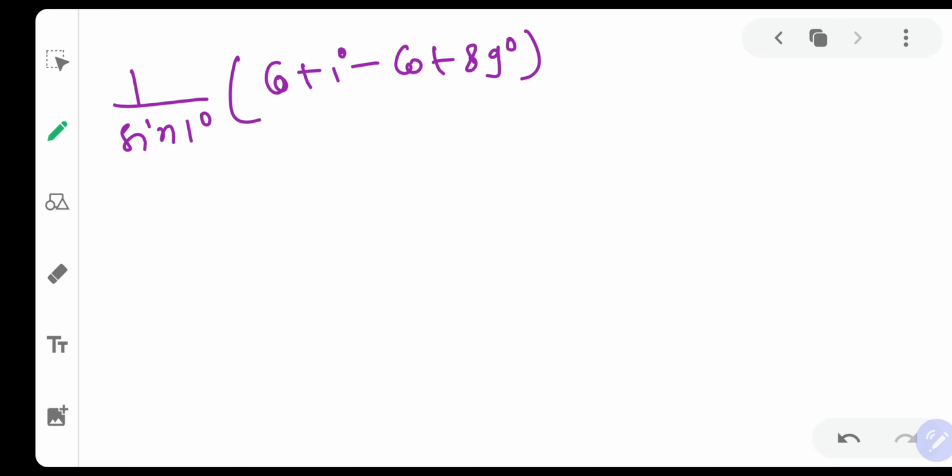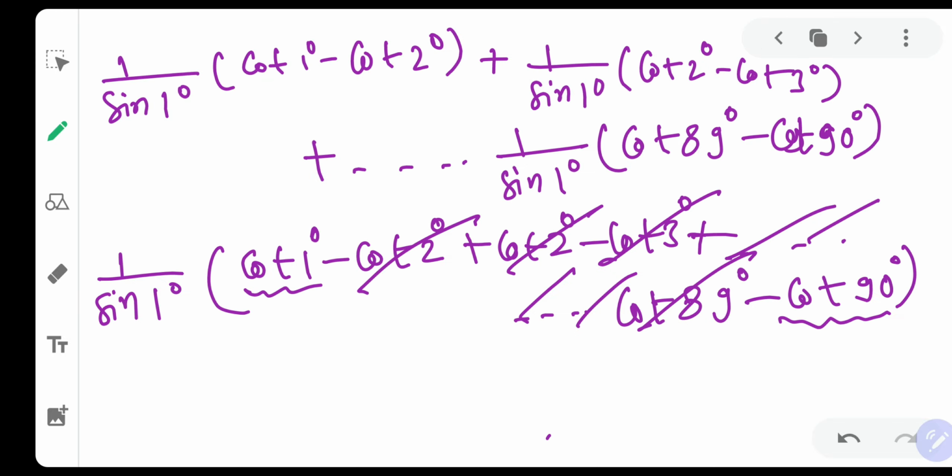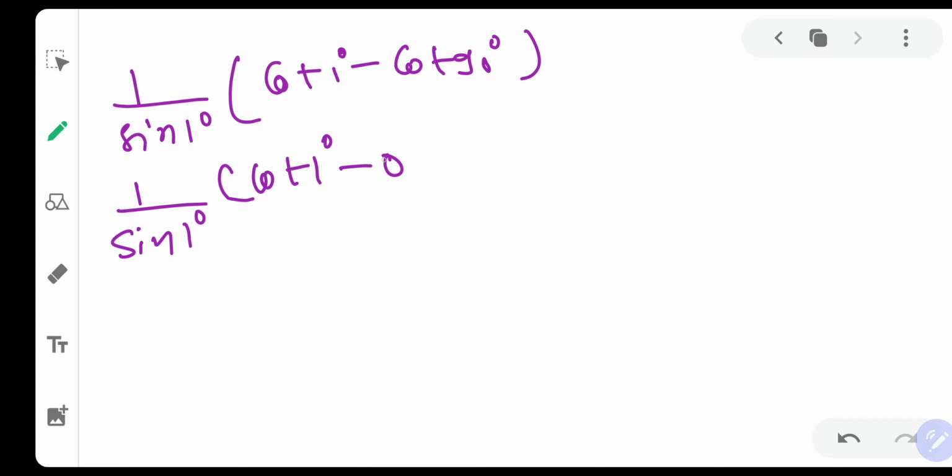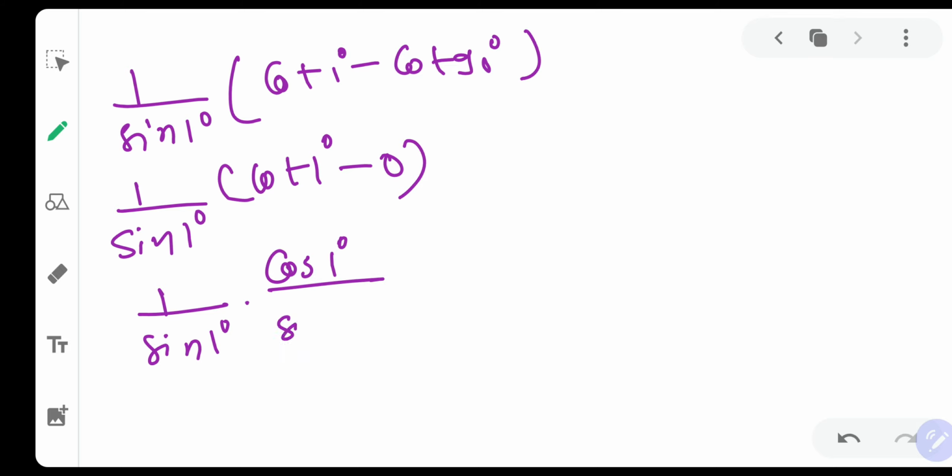Sorry, it was cot 90 degree, not cot 89. Now we don't know what cot 1 degree is. Do we know what cot 90 degree is? Yes, cot 90 degree is 0. So we can write cot 1 degree minus 0, but we don't know cot 1 degree, so we write cot 1 degree as cos 1 degree upon sine 1 degree.